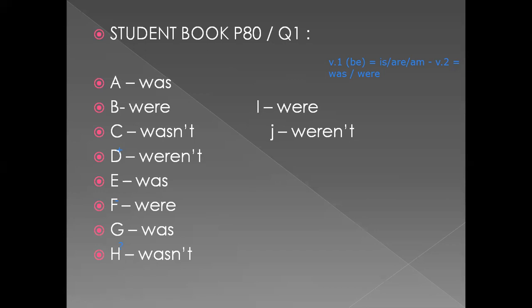Whenever I answer yes about a plural subject, we said that we should use were. So yes, we were, yes, you were, and yes, they were. And the last one, sentence J, here we have no, we weren't, no, you weren't, and no, they weren't, because it's a plural subject.